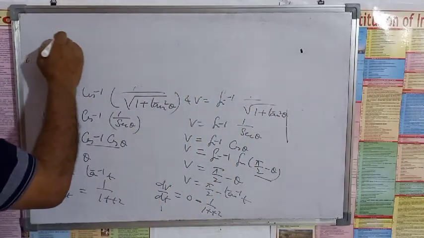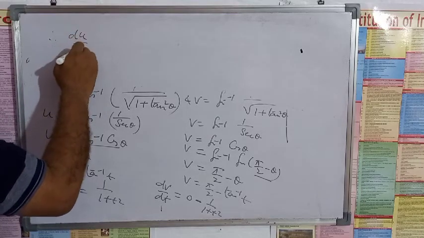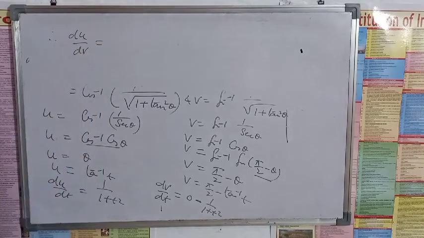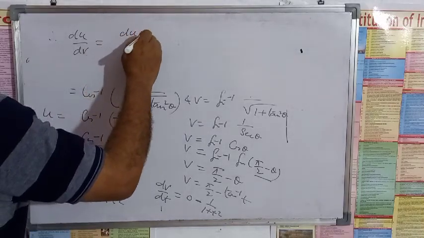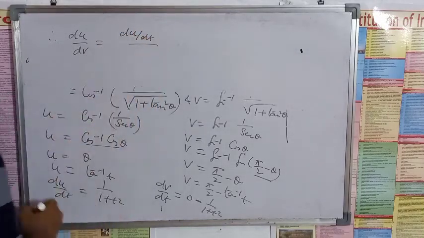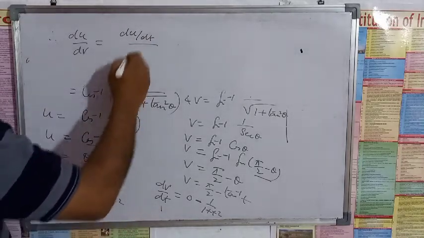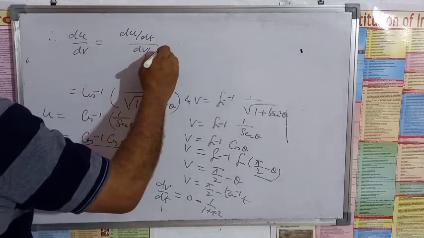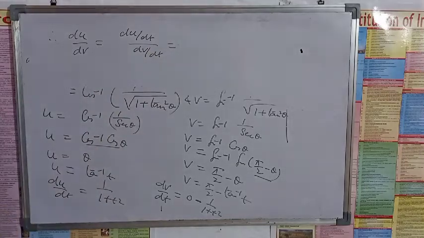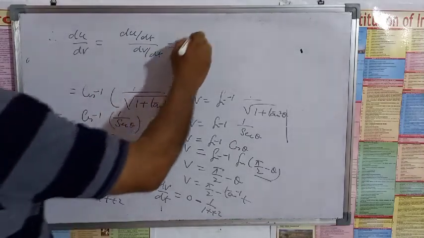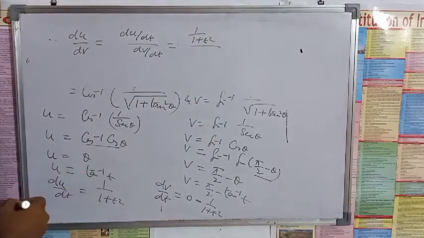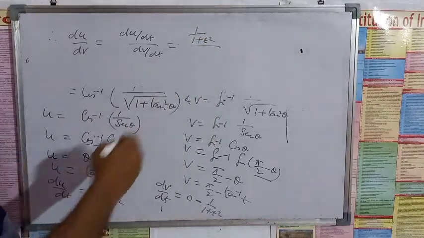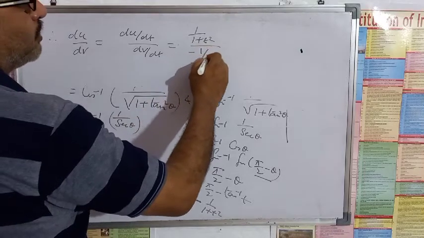Therefore, du by dv is equal to du by dt divided by dv by dt. Du by dt is 1 upon 1 plus t square, and dv by dt is minus 1 upon 1 plus t square.